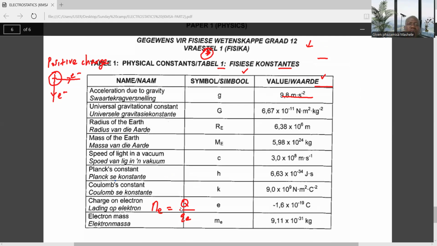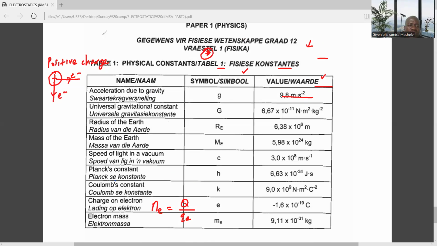This is the value we are going to use. If our charge is negative, we use negative 1.6 times 10 to the power minus 19. But if the charge is positive, we do not use the minus sign. So it's 1.6 times 10 to the power minus 19 coulomb.